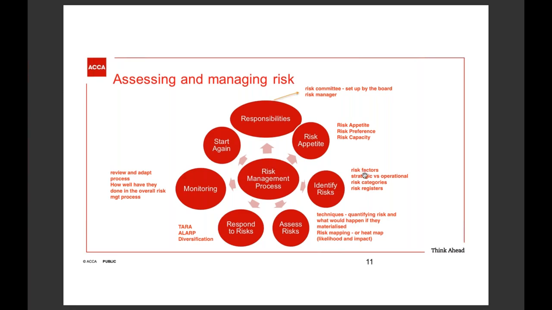You may want to categorize those risks into strategic versus operational. You have the risk categories, and then you may also have a risk register. What normally will you have inside your risk register? What do you think you might have inside your risk register?